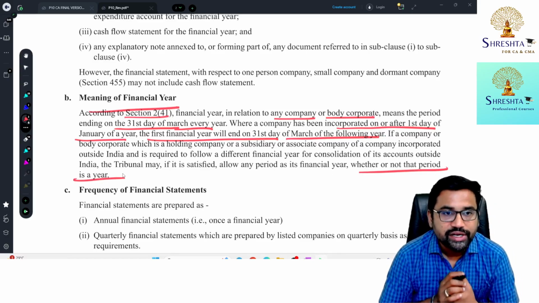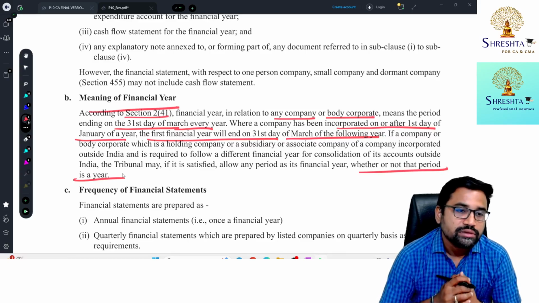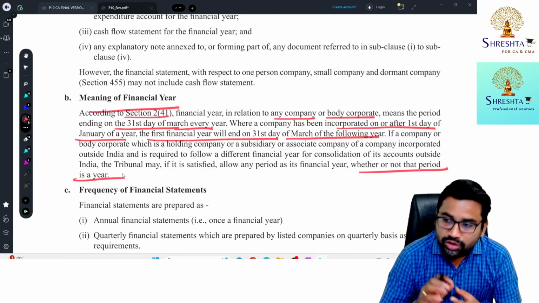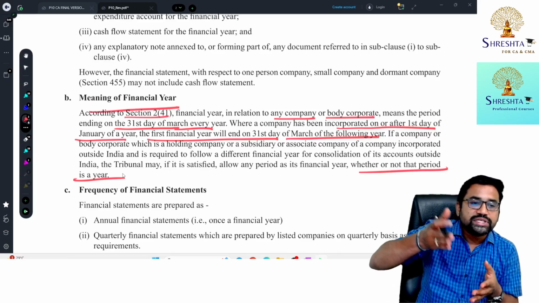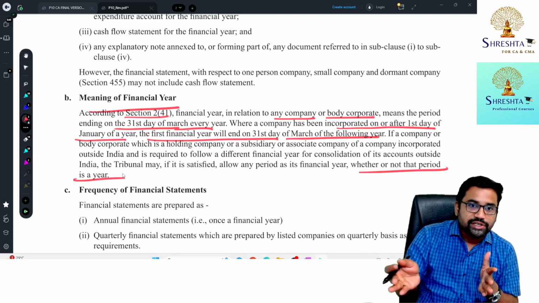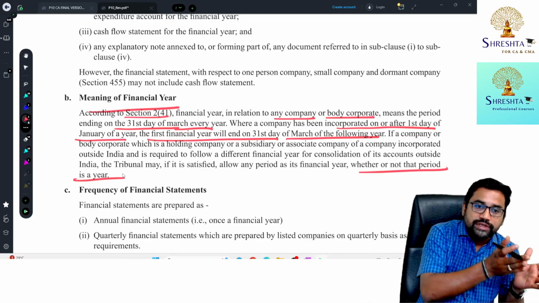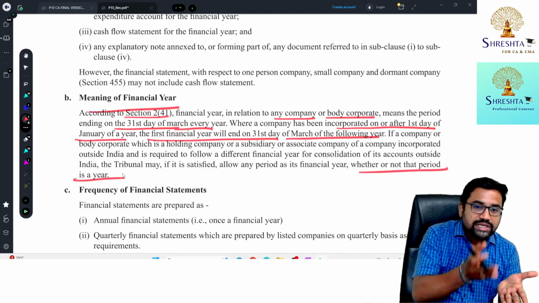See, what they are trying to tell you is, as per section 2 clause 41, in relation to a company or a body corporate, what does financial year mean? The period ending on 31st March of every year. So that is the financial year. Obviously, if it ends on 31st March, the next financial year will start from 1st April.